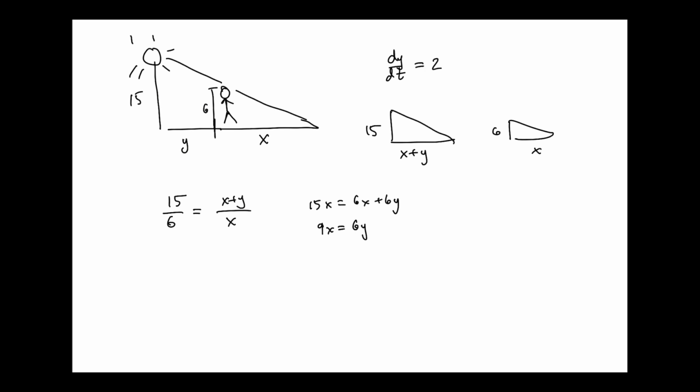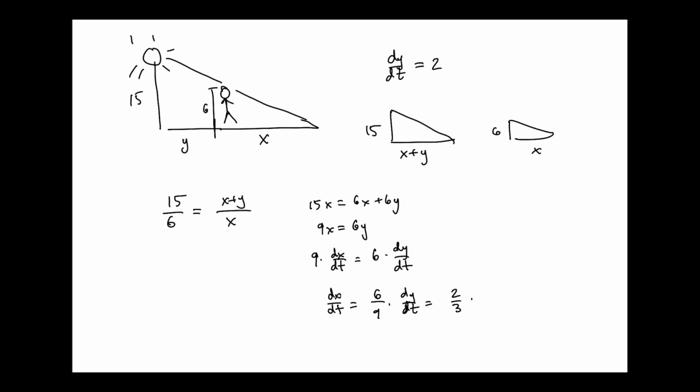So if I've got 9x equals 6y and I take the derivative of both sides, then I have 9 dx/dt equals 6 dy/dt. Now we know what dy/dt is, so dx/dt would be 6 over 9 times dy/dt.